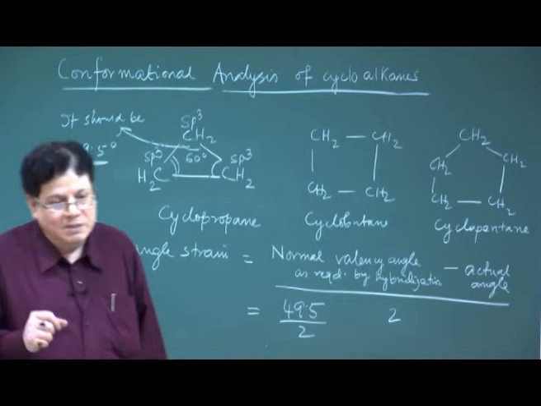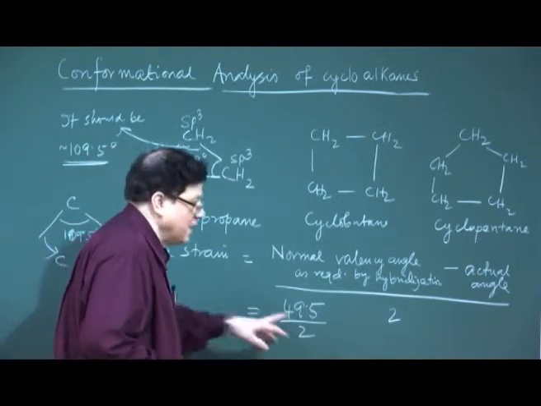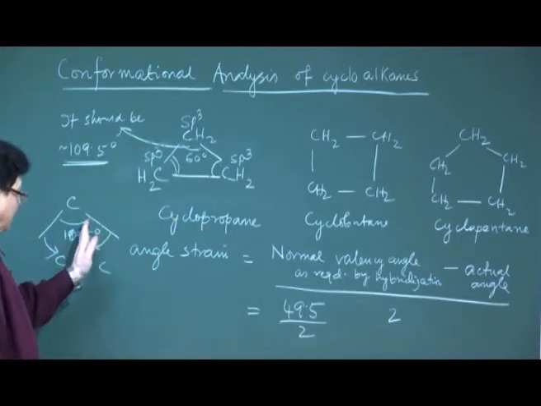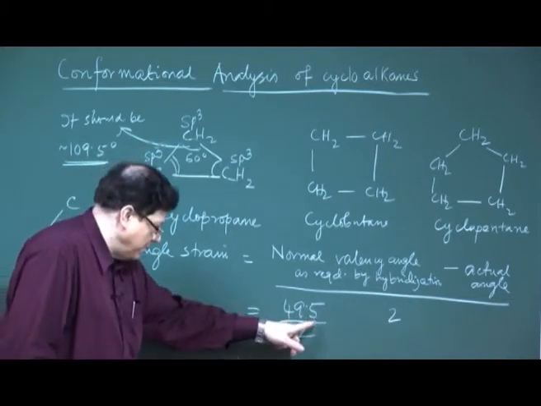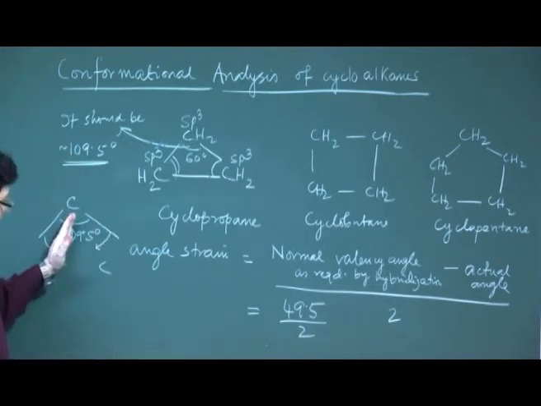So, each bond is suffering an angle strain of half of this 49.5, because you have to bring this about 24.75 degrees, and you bring this to 24.75 degrees, then you can combine these carbons.